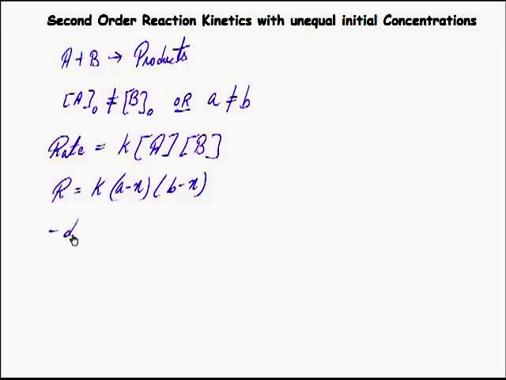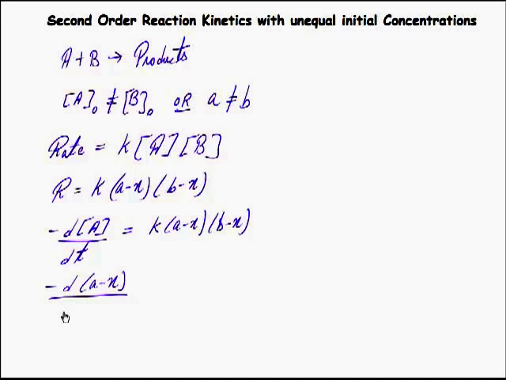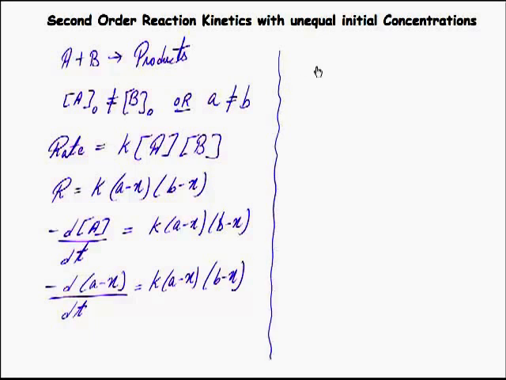We can also write the rate of the reaction as minus dA by dt. Now concentration of A can be replaced as A minus X, and we can further simplify this by opening up the brackets on the left hand side.